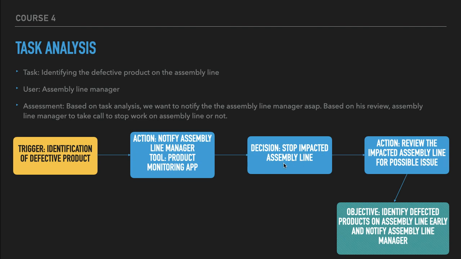The decision is to stop the impacted assembly line. It is decided by the assembly line manager, and again the action is to review the impacted assembly line for possible issues, which has to be done by the assembly line manager. The objective here is to identify defective products on the assembly line early and notify the assembly line manager, so as to reduce the overall DPPM of the system.